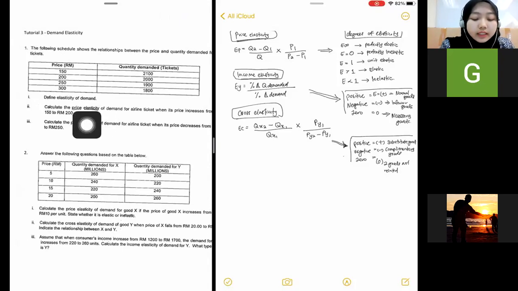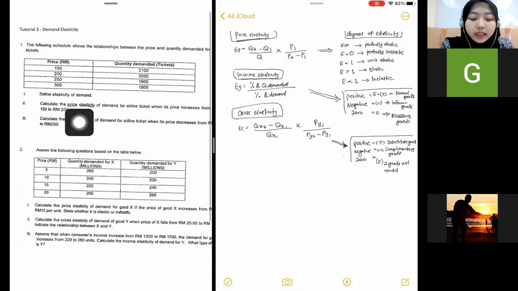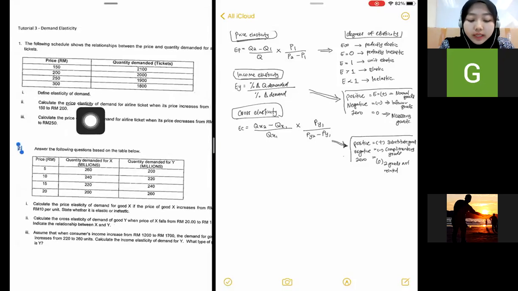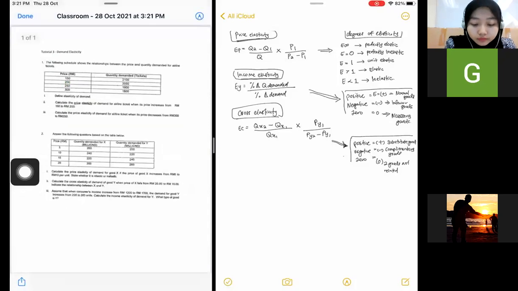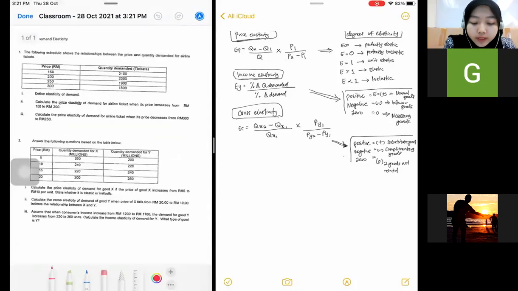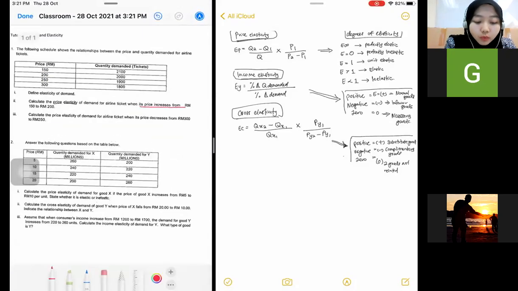The second question asks you to calculate the price elasticity of demand for airline tickets when its price increases from 150 to 200.